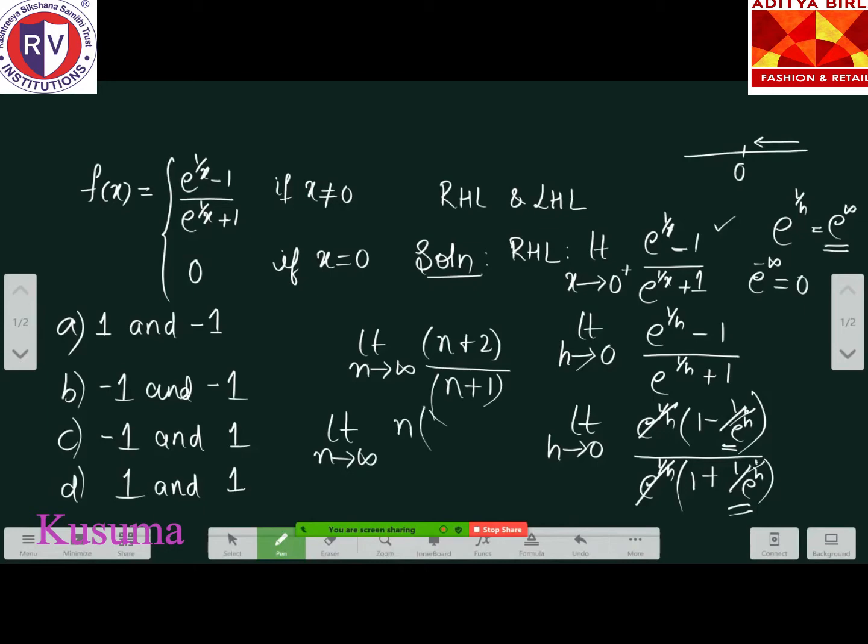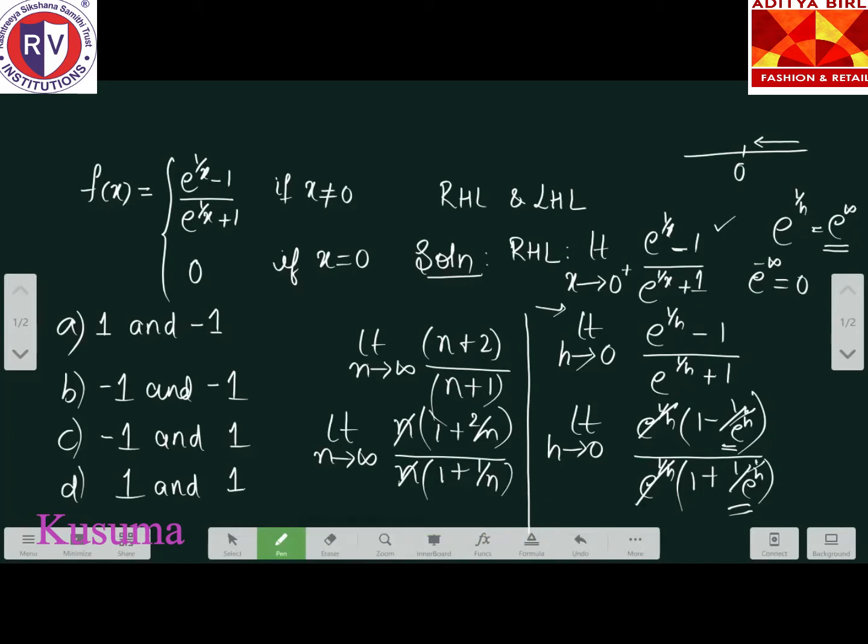You take n common, this will be 1 plus 2 by n, and in the denominator 1 plus 1 by n. The n and n cancel out. Then you substitute n is equal to infinity. The same way we have done here: by taking e to the power of 1 by h as a common term from both numerator and denominator, and cancelling out, we have substituted h is equal to 0 here.